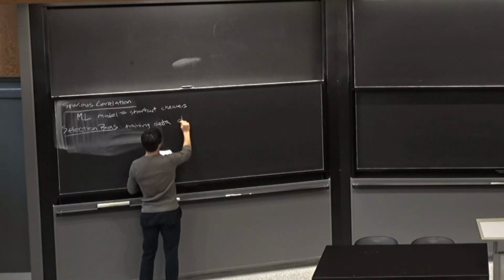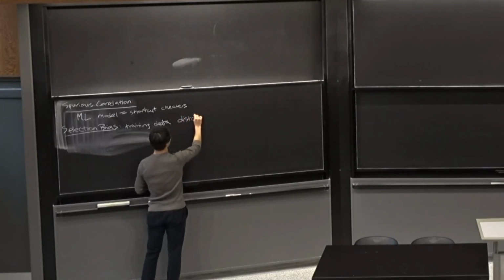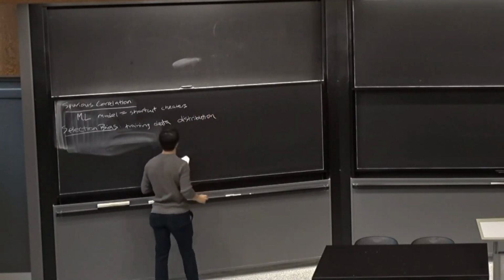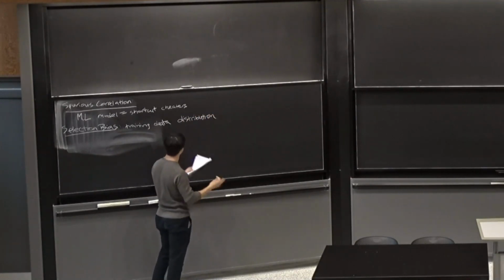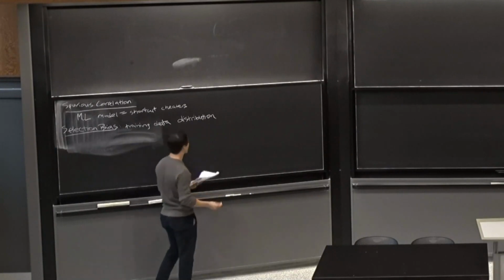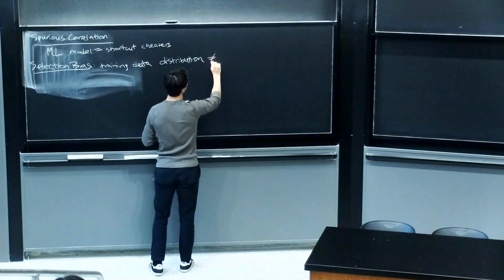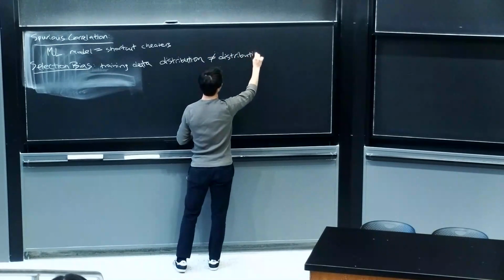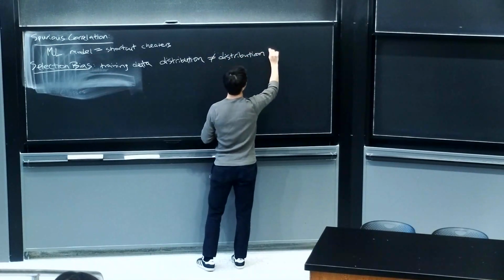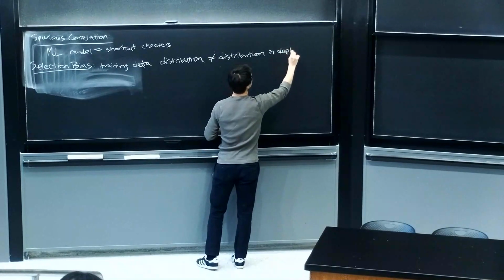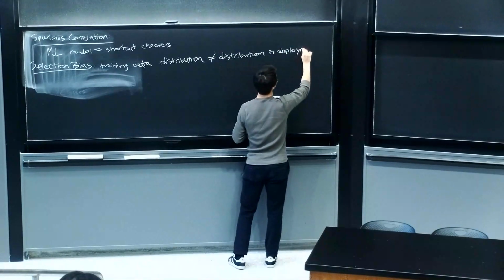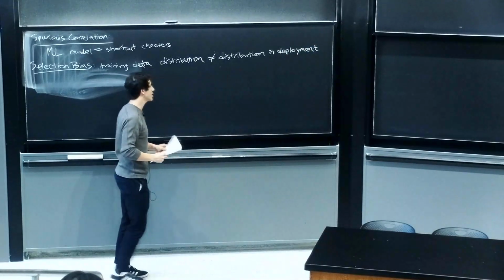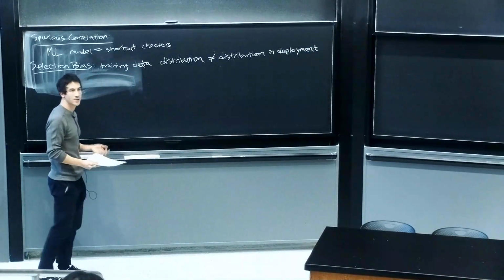When you have selection bias in your data set, what it's saying is that the data distribution from which you're drawing your training data doesn't match the distribution in the real world deployment. And this can happen for all kinds of reasons. So can anybody think of some reasons why we might have training data that has selection bias? This is also called confounding or distribution shift.